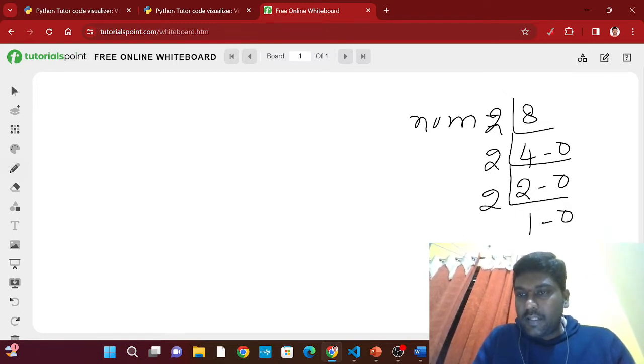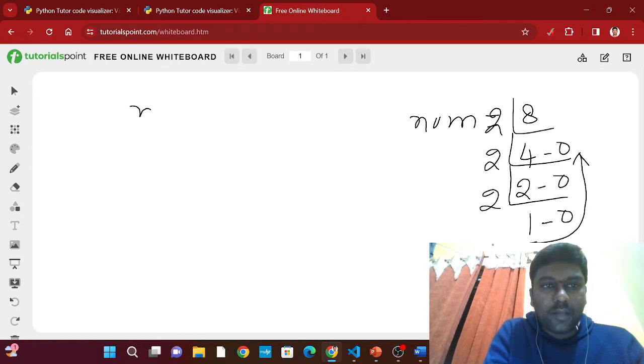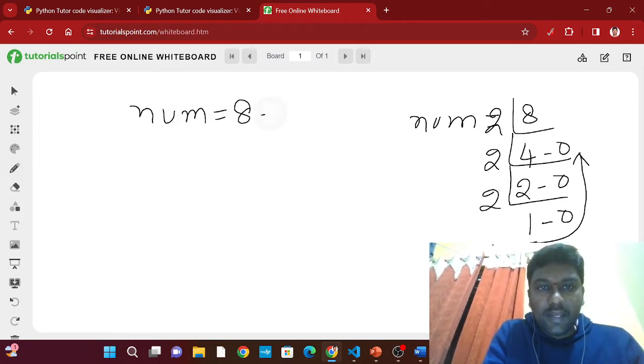The binary representation we get, we have to read starting from the last bit. So number equal to 8 and its equivalent binary representation is 1000.